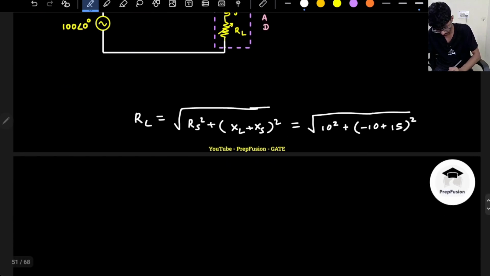So RL will be equal to the root of 10 square plus 25, so it is 11.18 ohms.